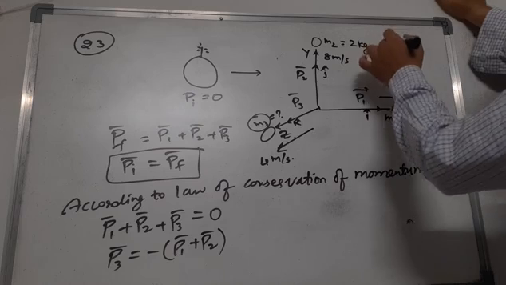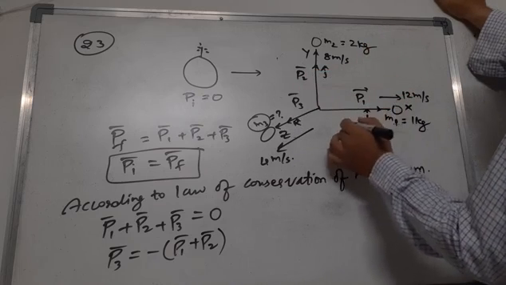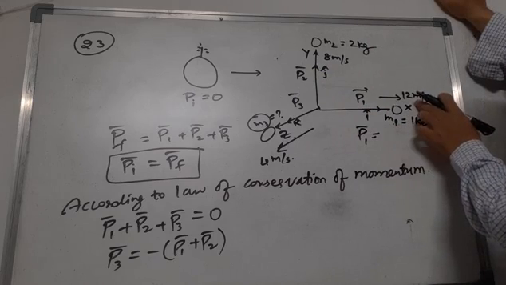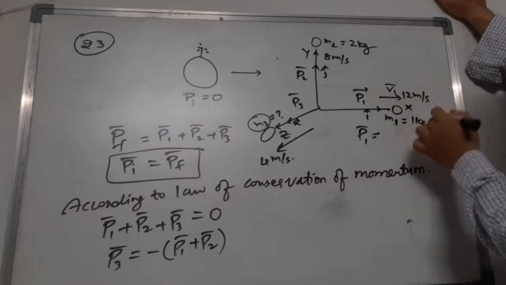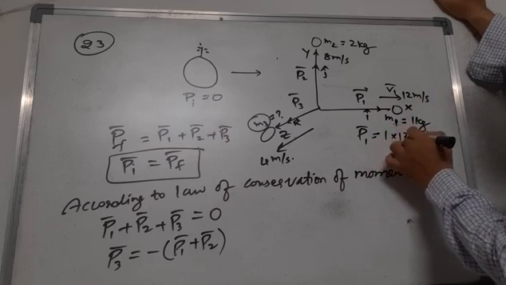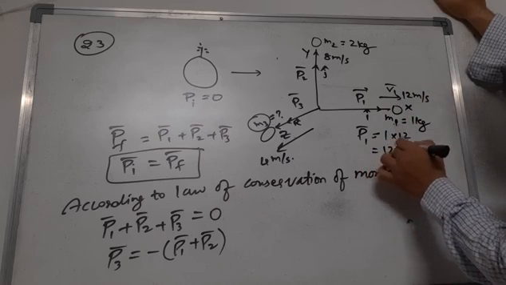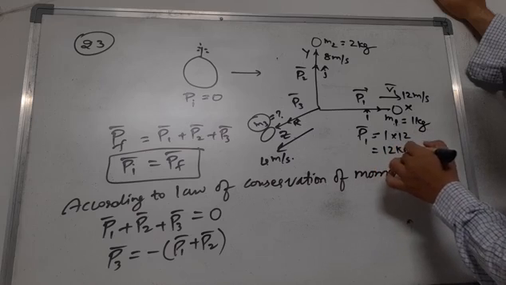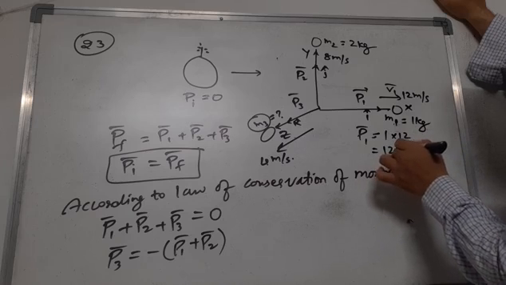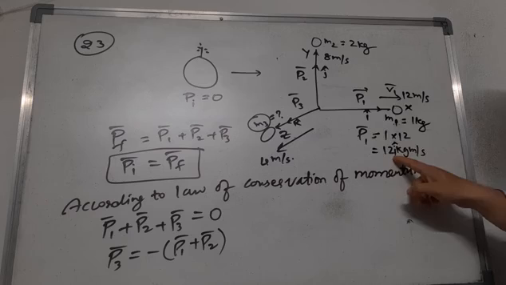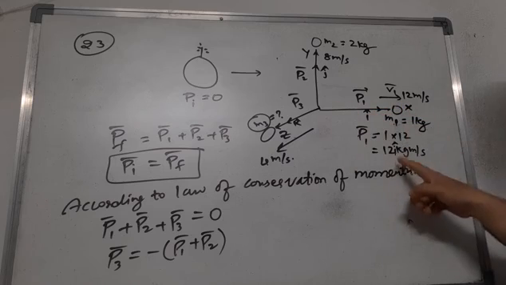So what is the initial momentum? P1 is equal to how much we can write here? P1 is equal to m1 into v1. This is v1. So 1 into 12. So that is equal to 12 kg meter per second. This is moving along which axis? It is x-axis. So 12 i cap. Here you are getting 12 i cap because it is going along x-axis.